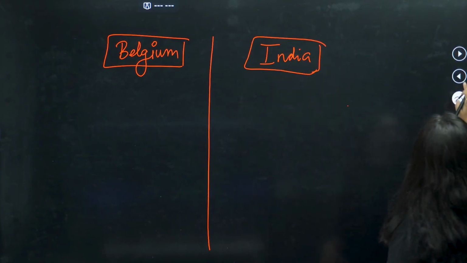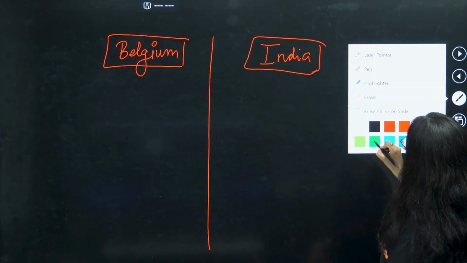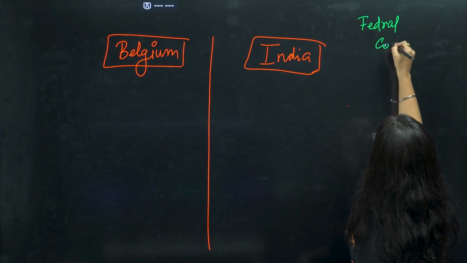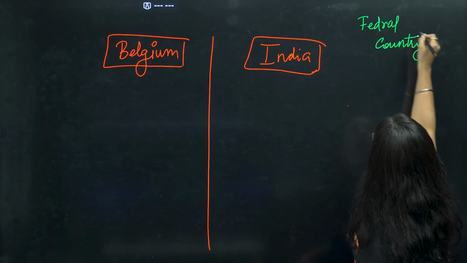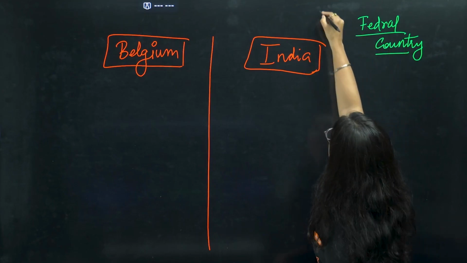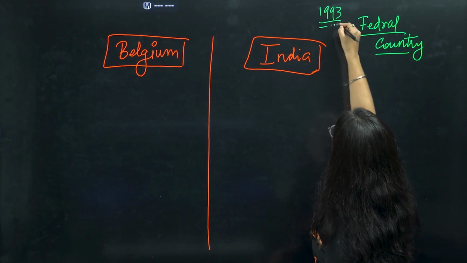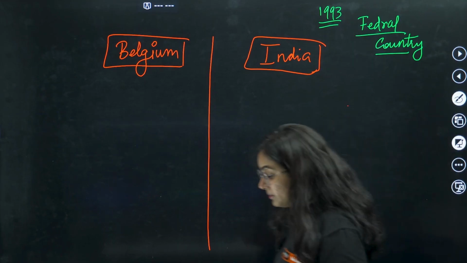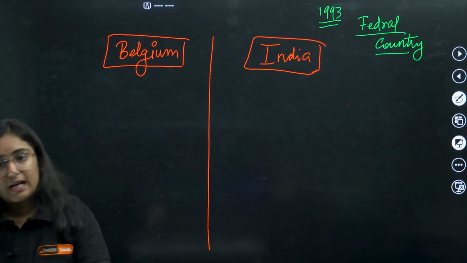Can I call both these countries federal countries? Yes, because this is where we started our chapter: in 1993, Belgium became a federal country.